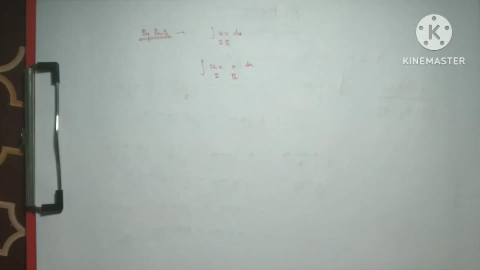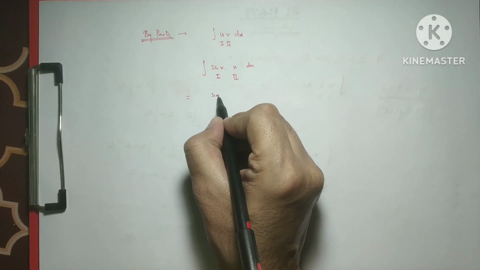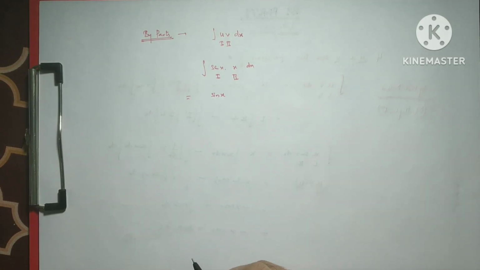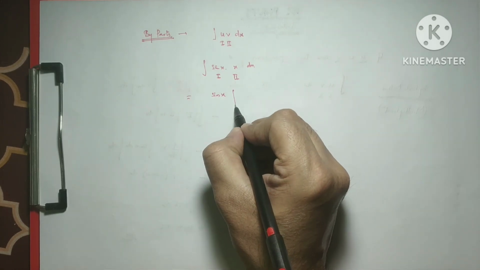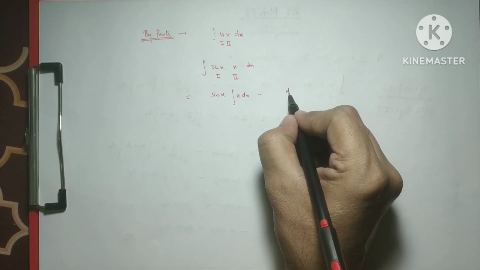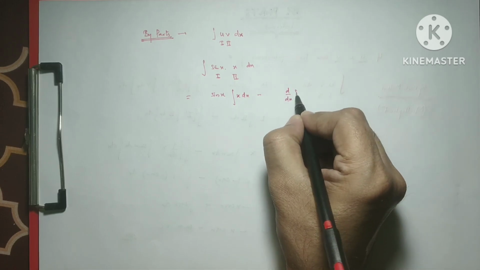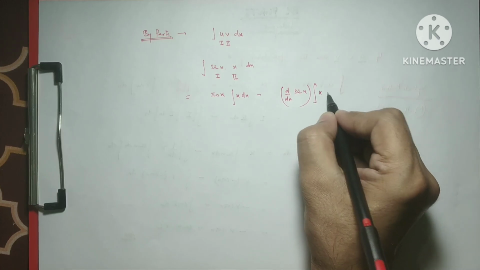See what will happen. The first function as it is, according to the by parts formula, and the integration of second, minus the differentiation of first function and the integration of second.